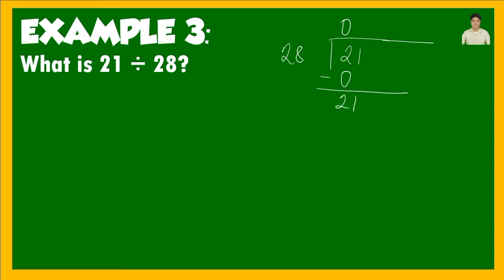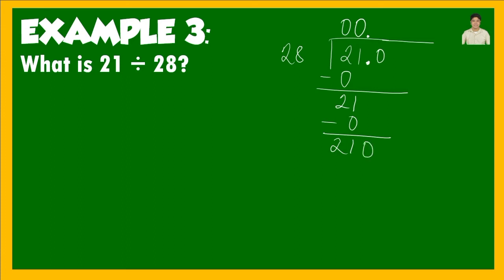Then, magiging 21 divided by 28, 0 pa rin. So this time, mag-a-add na tayo ng decimal point and then 0. So bring down natin yung 0, magiging 210.